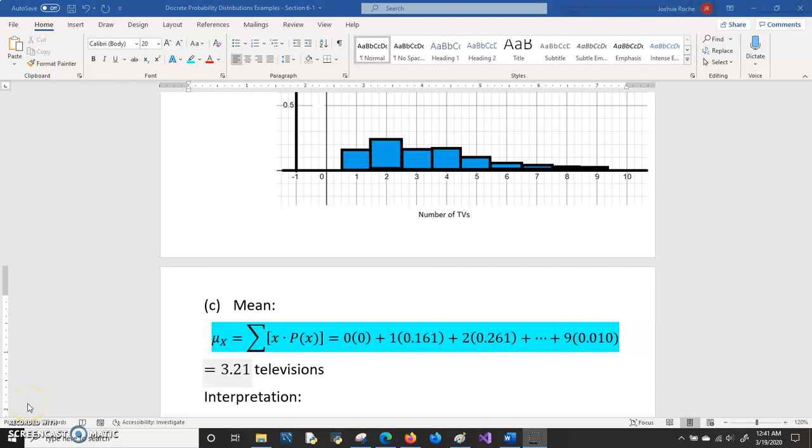So the mean is 3.21 televisions, and it also wants us to interpret that mean. One way to interpret the mean of a variable is as an expectation. That's pretty typical in statistics, is instead of calling it the mean, they'll just call it an expectation.